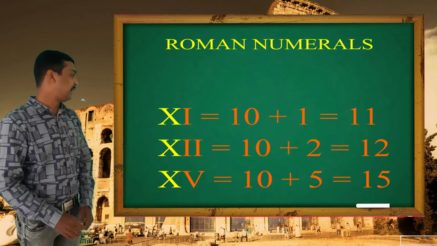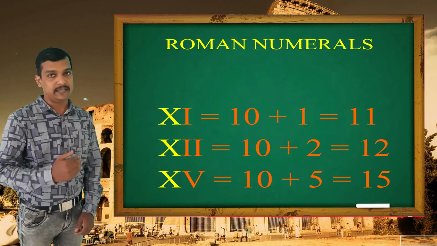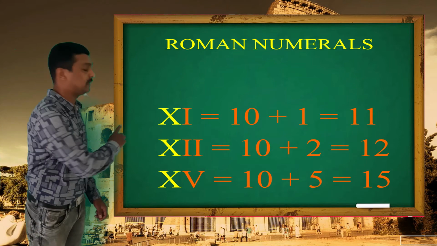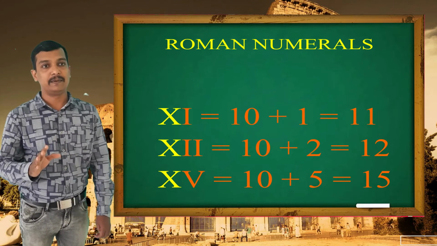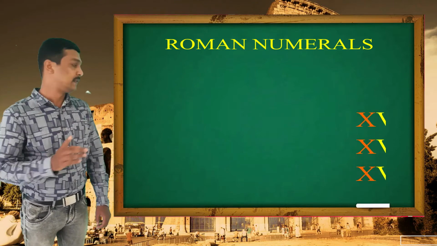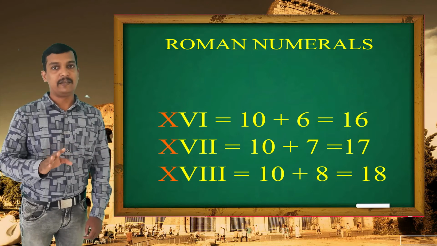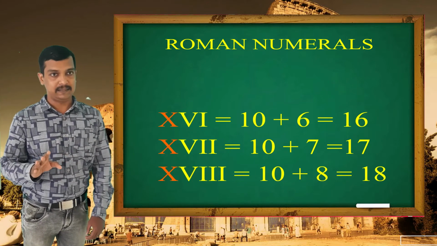In the same way, we can write V to the right of X. That means XV means 10 plus 5 is equal to 15. In the same way, XVI means 10 plus 5 plus 1 or 10 plus 6 is equal to 16.